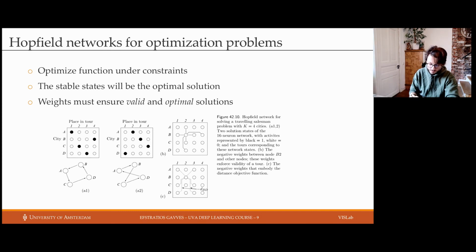So here, if we have the traveling salesman problem, it basically figures out how the salesman has to go through different cities to discover the optimal solutions under the constraints that we have regarding visitations.